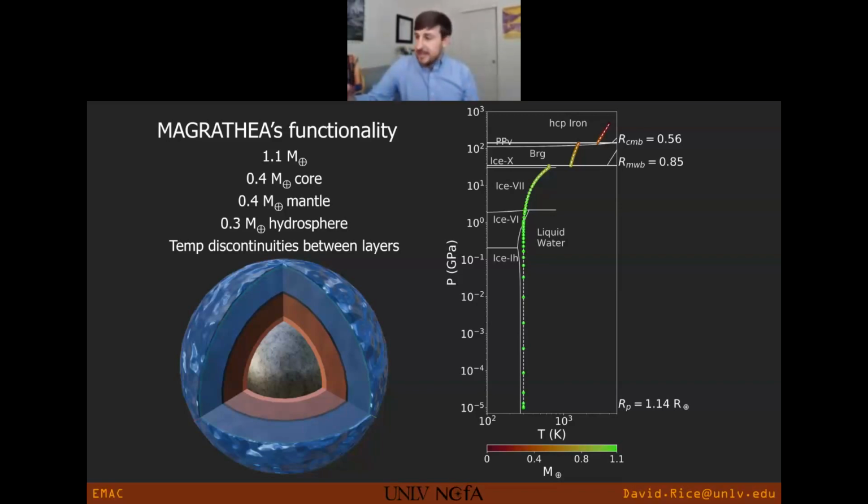For this planet, you can see as our enclosed mass increases from the surface to the center, the temperature follows the isentrope. We pass through liquid water to ice 6, to ice 7, to ice 10 as the pressure increases, into bridgmanite in the mantle, post-perovskite in the mantle, and the hexagonal close-packed iron in the core.